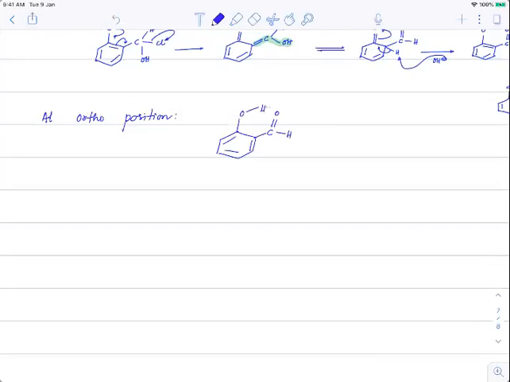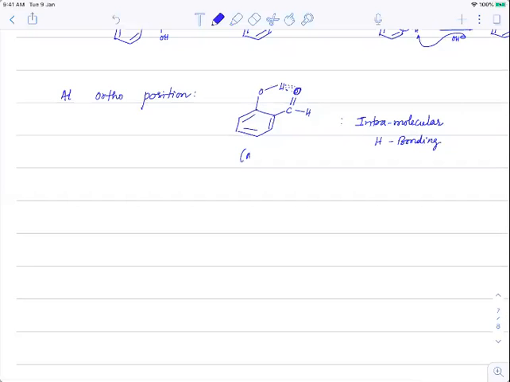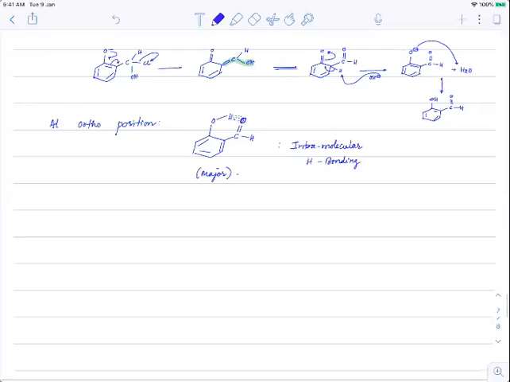This is what is formed. So this H and O will have a strong hydrogen bond. So you will have this intramolecular H bonding, because of which ortho will become the major product and para will become the minor product. Okay, so it is done at para also, except that ortho will become the major product and para will become the minor product. That point is clear now.